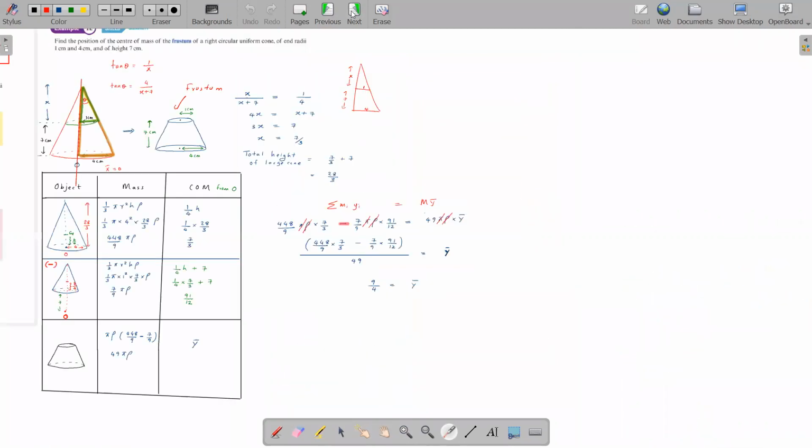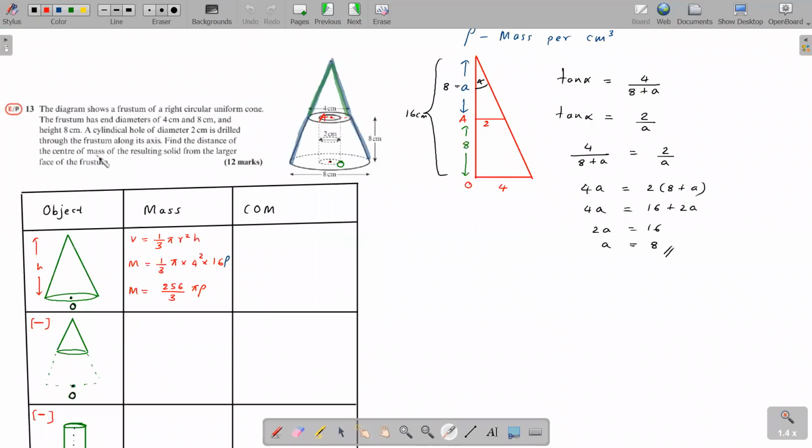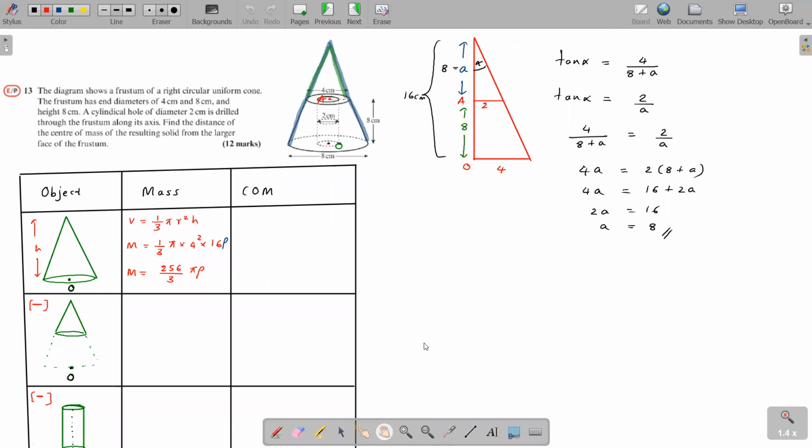Sometimes they might ask you to prove it in part A of the question, and give this as part B. So if they ask you for the proof, you need to do that entire thing. If not, you can directly go with it. So the center of mass is 3h over 4 from the vertex, but I want the center of mass from the circular base.